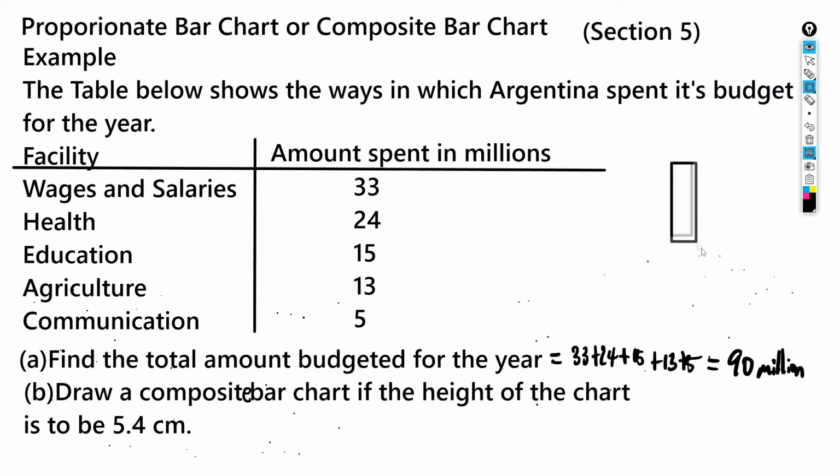Let's assume that this is 5.4 centimeters. We still need to find out what the length would be for each amount spent on the budget. Since we know the height of the chart is 5.4 centimeters, all we have to do is find each amount out of the total.